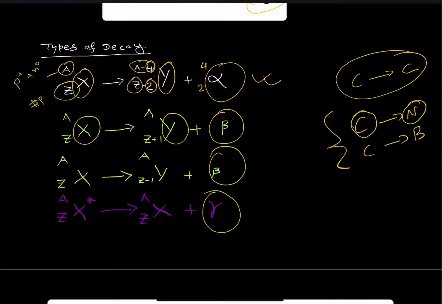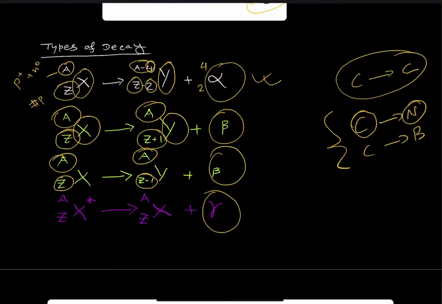What about the A, the mass number? It didn't change. What about the Z, the atomic number? Oh, you added 1 to the Z. In the third case, the A is the same, and also the Z, but you subtracted Z here.